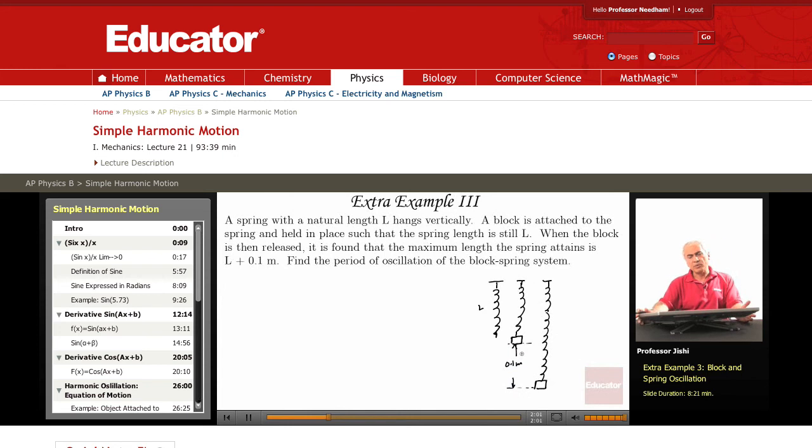So in other words, it is found that when we let go, the object falls down 10 centimeters before it starts moving up again. So the maximum length of the spring is its original length L plus 0.1 meters. The spring oscillates, and the question is, what is the period of oscillation?